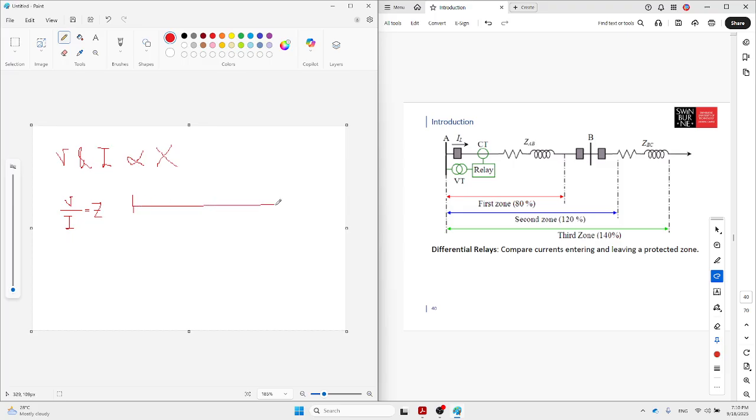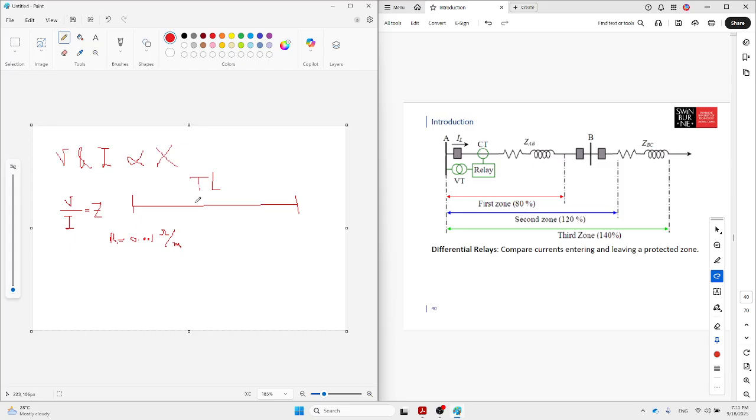Assume this is the beginning and this is the end of a transmission line. We know 1 meter of transmission line has its own resistivity. Assume a small value, 0.001. This is the R for this transmission line, ohm per meter.